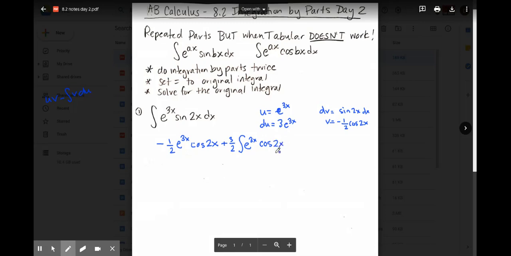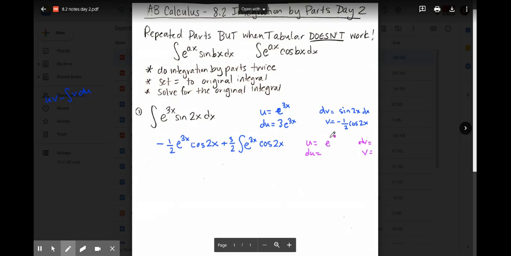Now, the problem you run into is you can't integrate this. You have to use parts again. So that means we're going to have our u, our du, our dv, and our v again. Okay, and so we're just looking at this integral. So you pick your u the same way with LIPET. Logs, no. Inverse trig, no. Polynomials, no. Exponentials, yes.